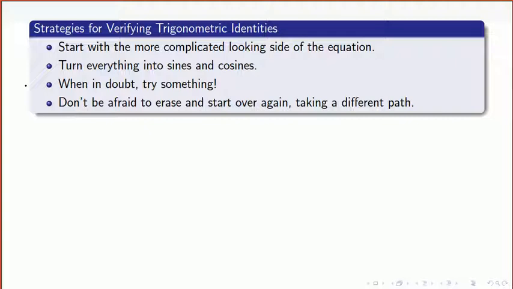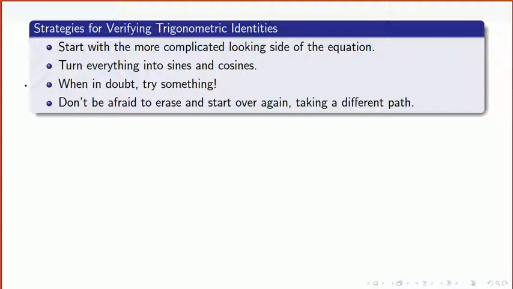But I find that a lot of students get stuck because they're used to that algorithmic approach to problems, where whenever you solve an equation, you do the same first step every single time. That's not going to be the case here. And so when in doubt, try something.